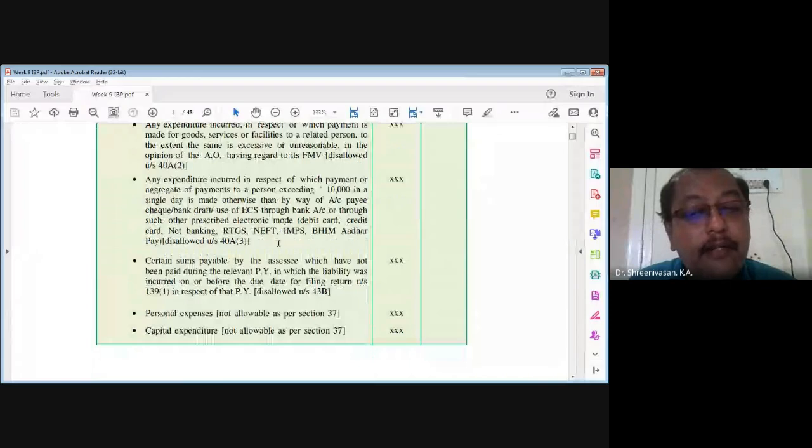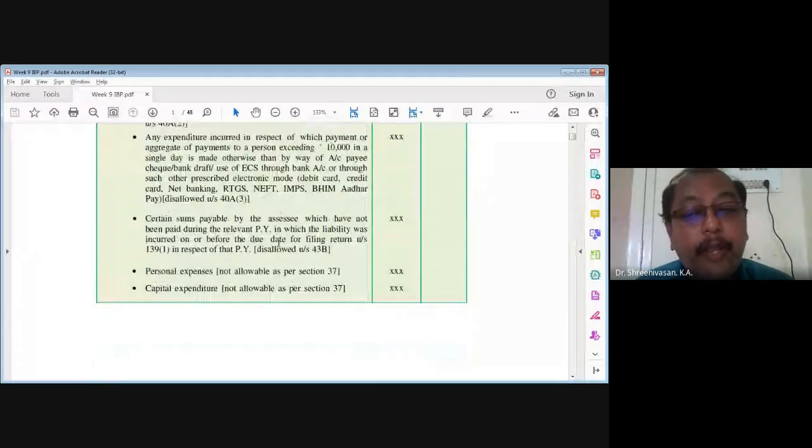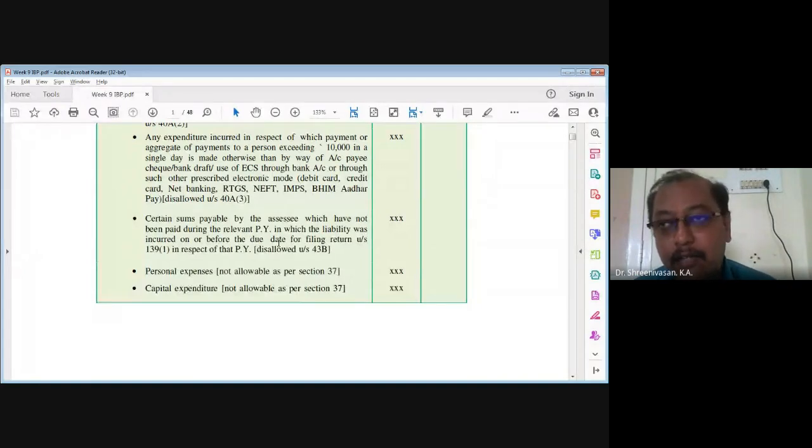Certain sums payable by the assessee which have not been paid during the relevant previous year in which the liability was incurred, on or before the due date for the filing of the return, are also not allowed.